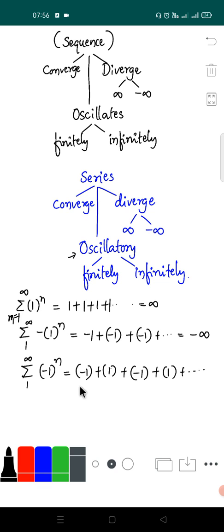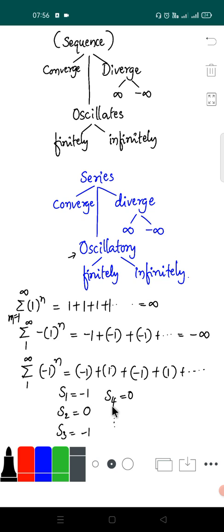If you observe this, in the sequence of partial sums, S1 is minus 1, S2 you add 2 terms, minus 1 plus 1, that is 0, S3 you add 3 terms, so that goes to minus 1, S4 is also 0, so it continues like this.